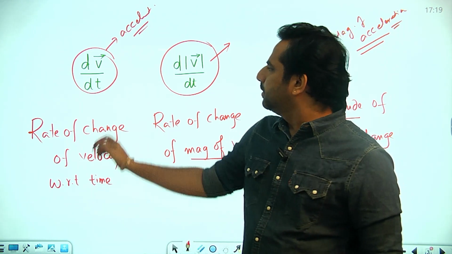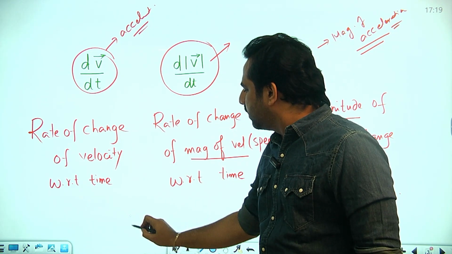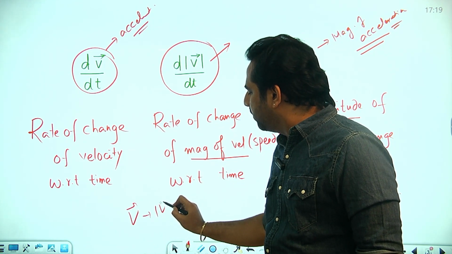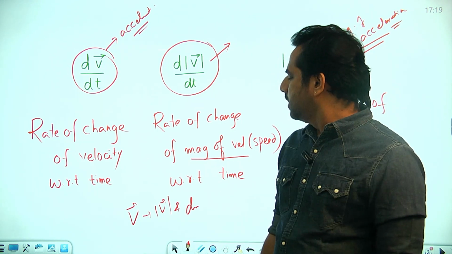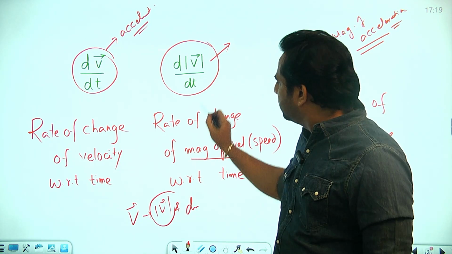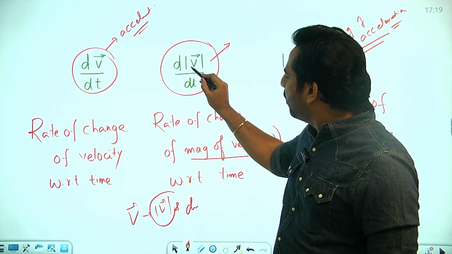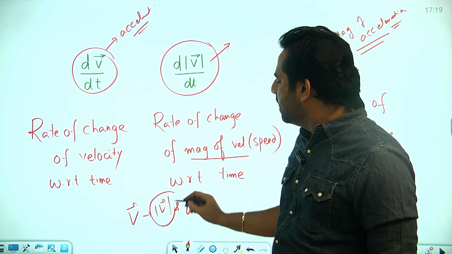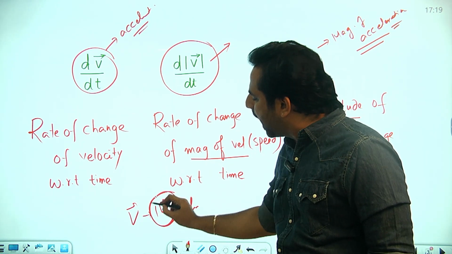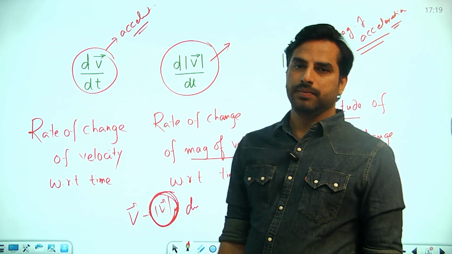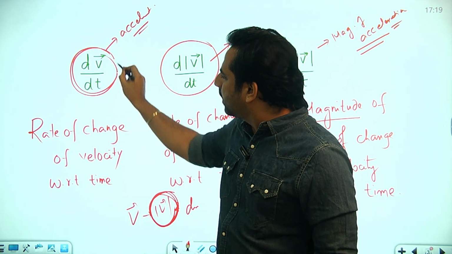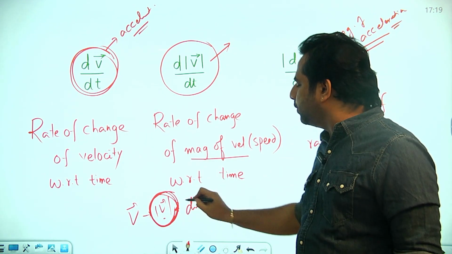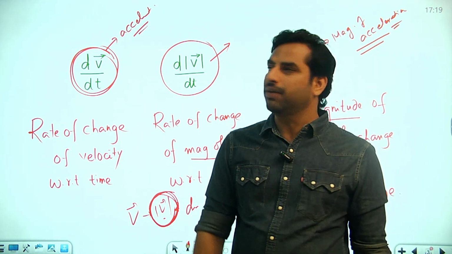Because velocity v bar has got mod v bar, which is magnitude, and direction. So this term, d of modulus of v bar by dt, is only talking about how the magnitude alone is changing, whereas this first one is talking about how both magnitude as well as direction are changing with respect to time, which is acceleration.